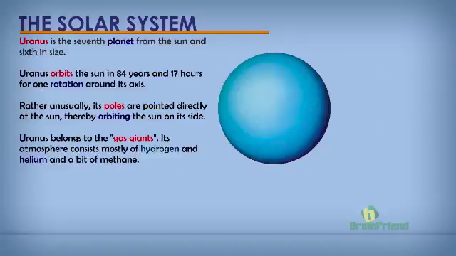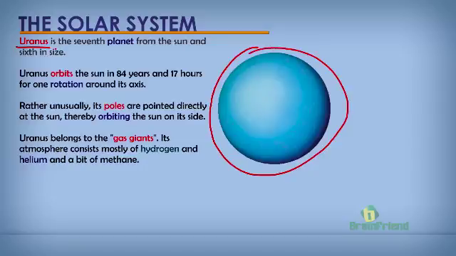Uranus is the 7th planet in our solar system. Uranus orbits the Sun in 84 years and takes 17 hours to rotate about its axis.